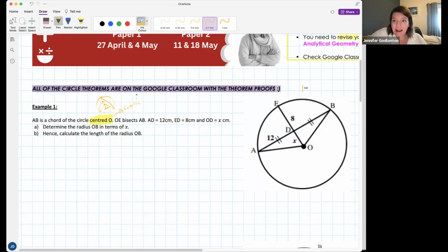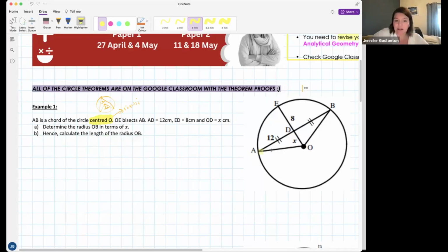Radii seems so simple, but it lands up being the thing that tricks the most people. Let's start there. Who can tell me, in this picture on the right-hand side, so we're not even looking at the questions yet, we're just looking at the picture: what are my radii? What is equal to what? You don't have to give me numbers, just the letters.